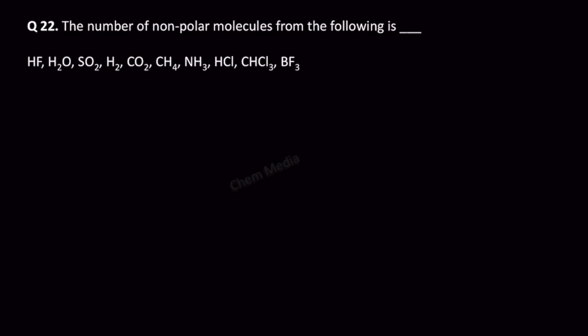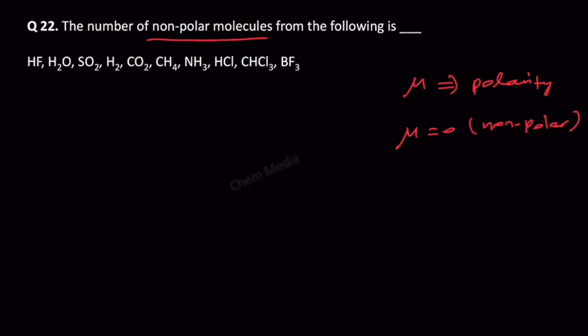The number of non-polar molecules from the following is how many? To decide whether a molecule is polar or non-polar, we need to know the dipole moment of a molecule. So therefore, polarity depends on dipole moment. If the dipole moment is 0, then we can say the molecule is non-polar.